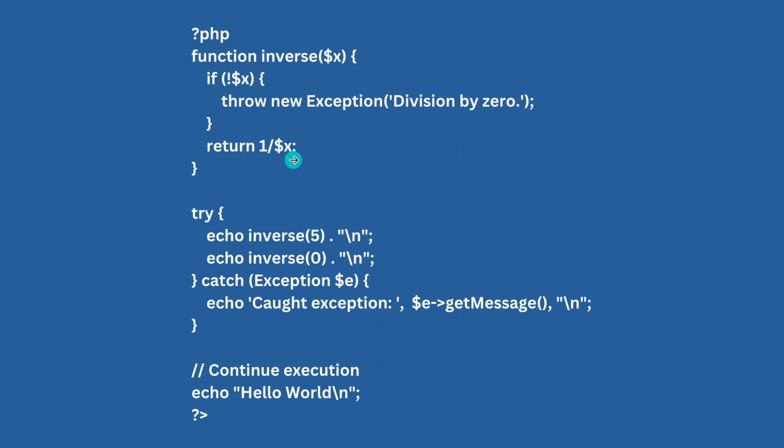Otherwise return 1 by $x. I'm writing a function. So if I run this, this is the try block where I am doing something for my application, calling this function to get the inverse of 5, right?